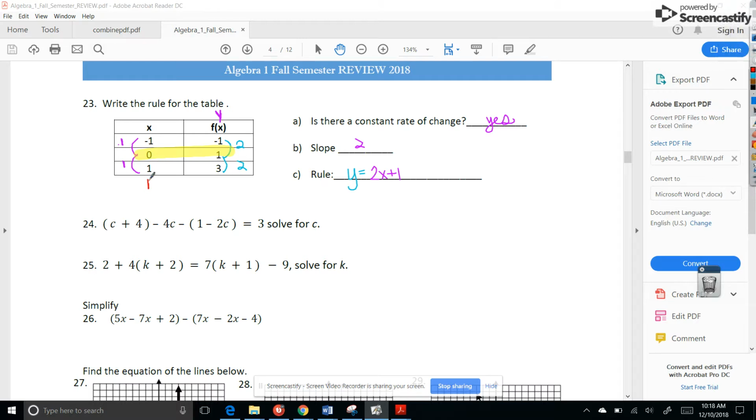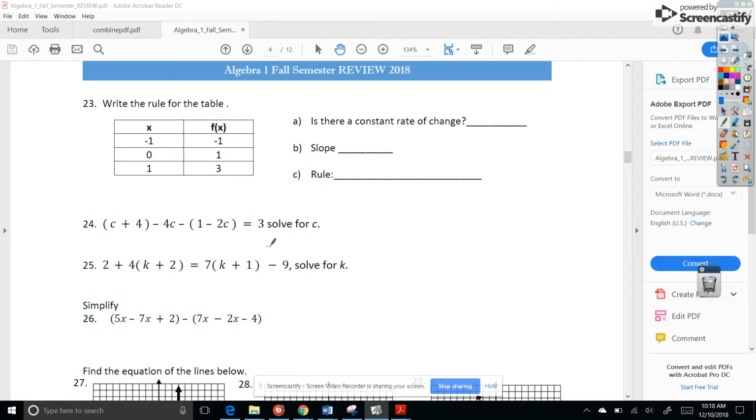So when I plug in a 1 for the x, I should get a 3 for the y. 2 times 1 plus 1 is 3. Yep, works. 2 times 0 plus 1 is 1. Works. 2 times -1 plus 1 is -2 plus 1. That's -1. It works.